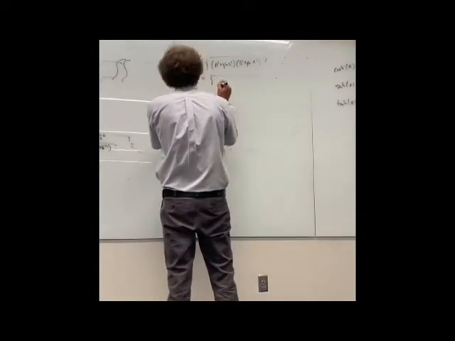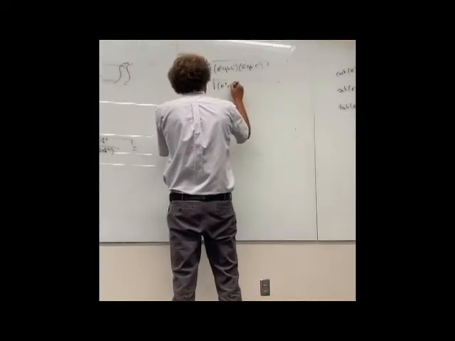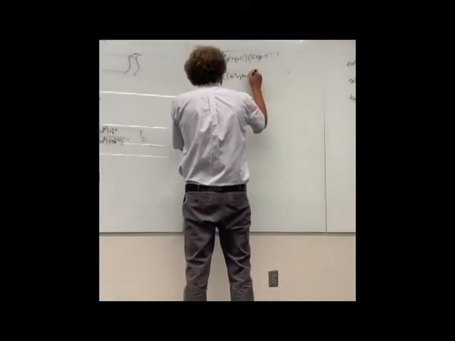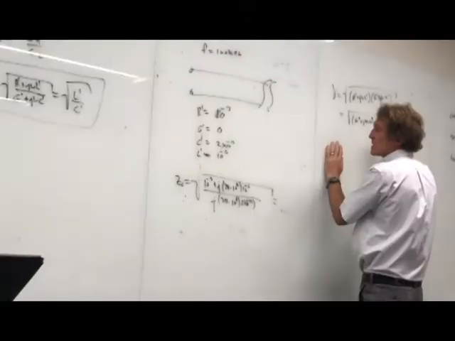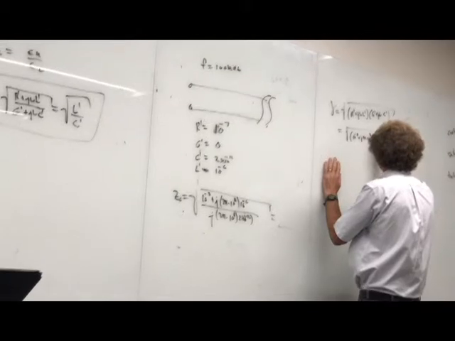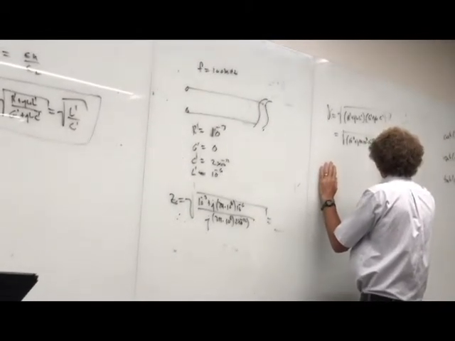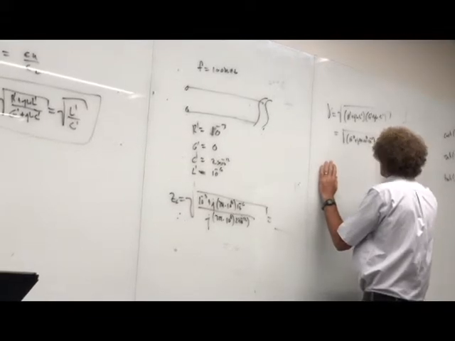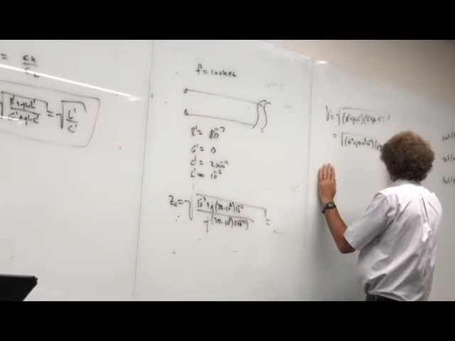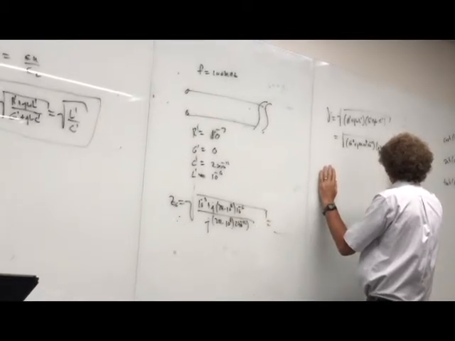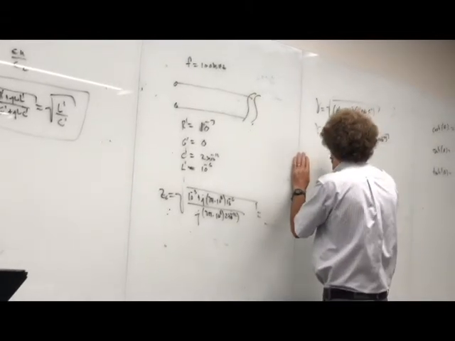R prime is 10 to the minus third plus J times 2 pi times 10 to the 8th, times 10 to the minus 6. It's multiplied by J times 2 pi times 10 to the 8th, and then times C prime, which is 2 times 10 to the minus 12. And you can give me that too.